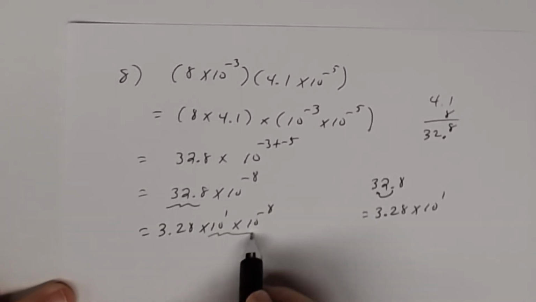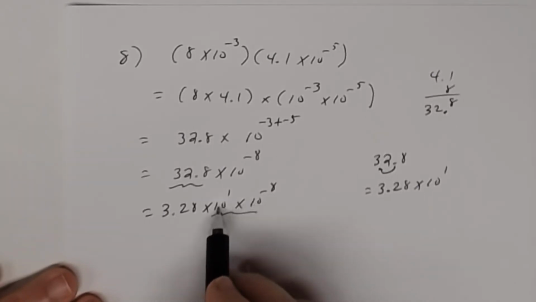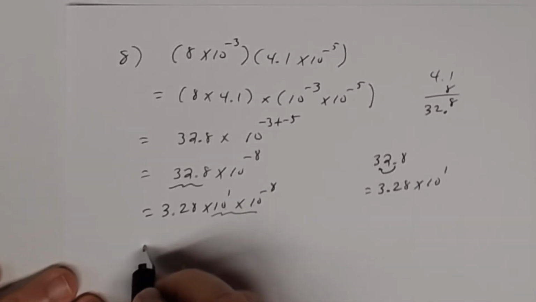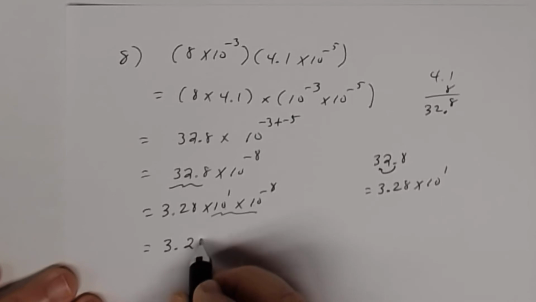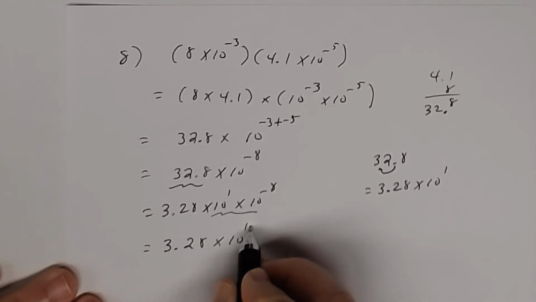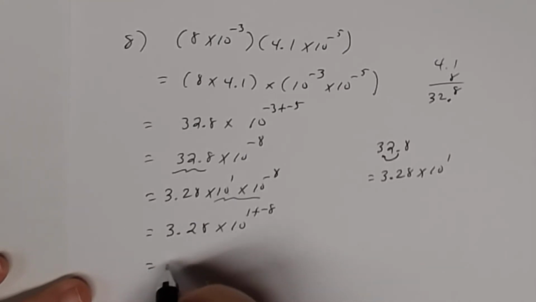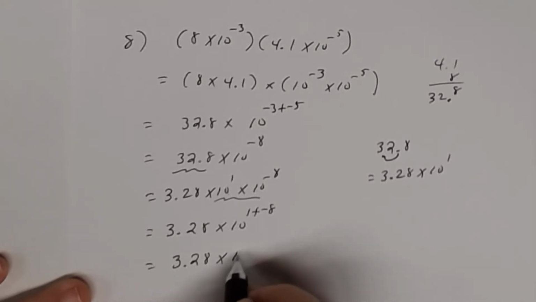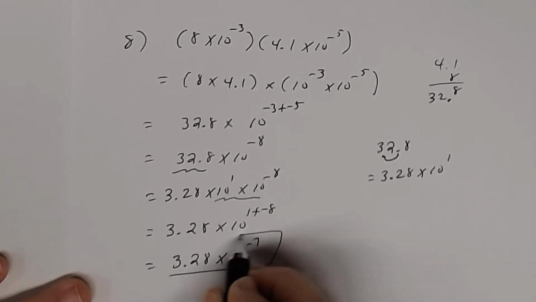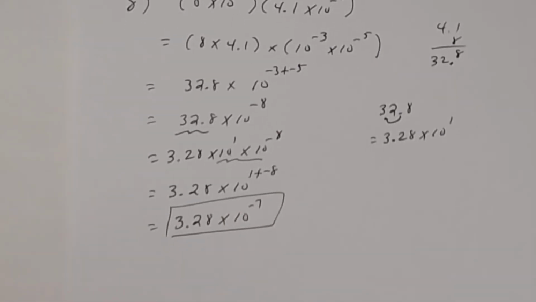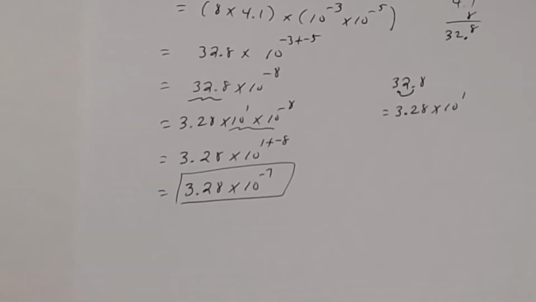And then doing that same product rule, when you multiply like bases, you add exponents. I get 3.28 times 10 to the 1 and a negative 8. 1 plus a negative 8 is a negative 7. So your answer is 3.28 times 10 to the negative 7. All right, that was number 8.